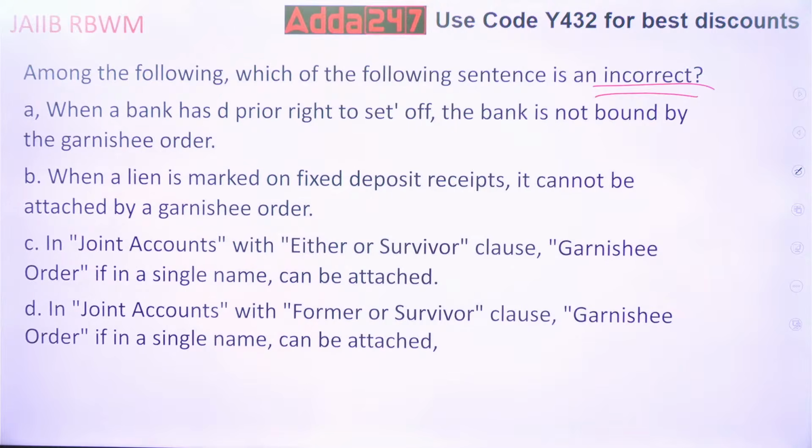In joint accounts with either or survivor clause, garnishee order, if in a single name, can be attached. In joint account with former or survivor clause, garnishee order, if in a single name, can be attached. So which of them is incorrect? Let me see. How many of you answered this correctly? You want the incorrect one.